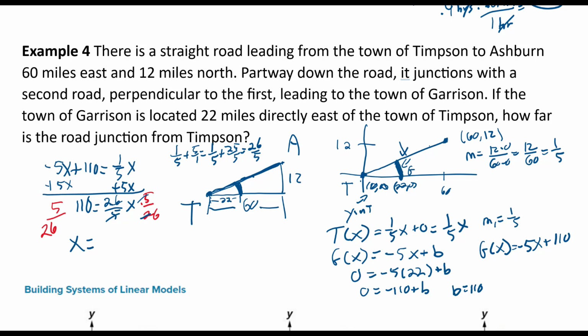That's not a good number. Sorry. I get 21.1538 as our x value. But that is the distance then that t is from G.